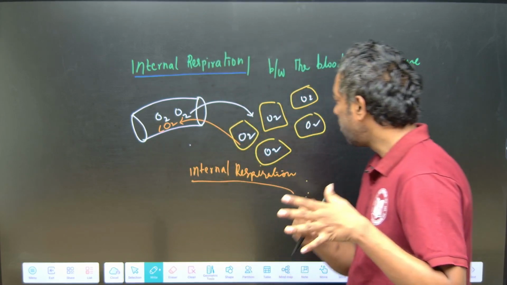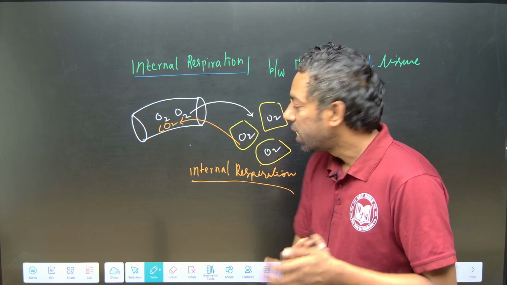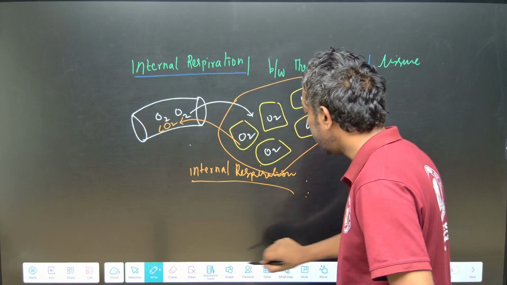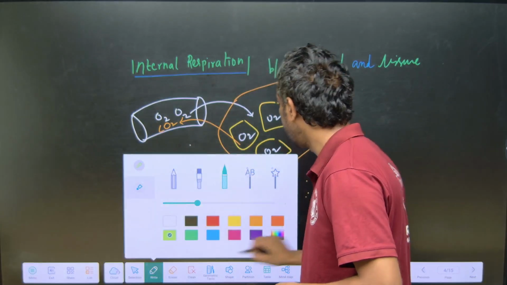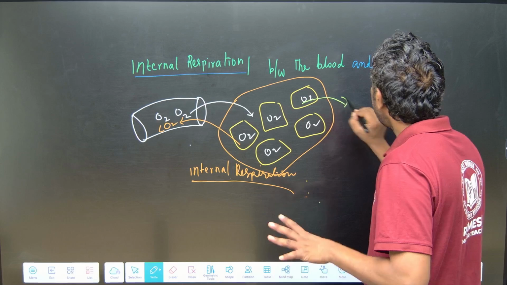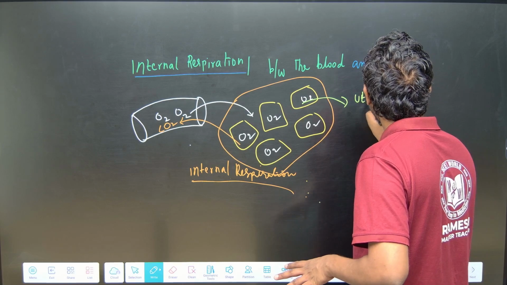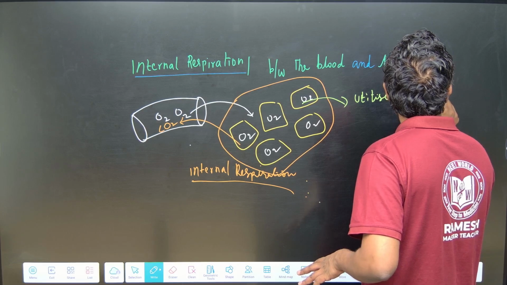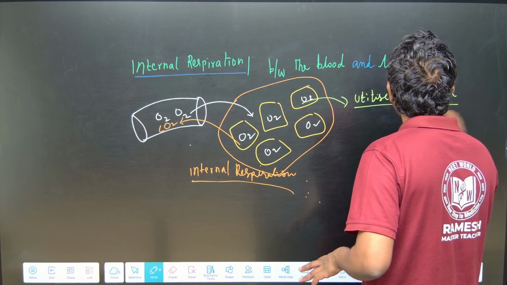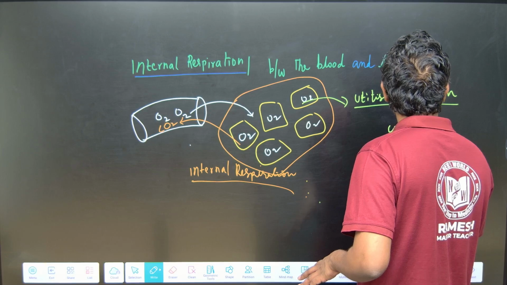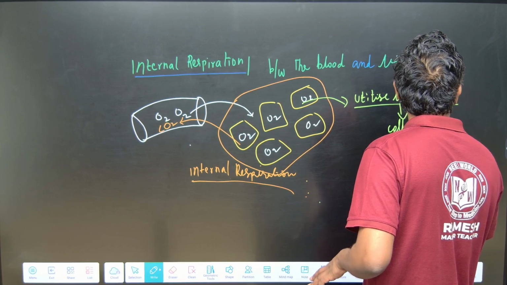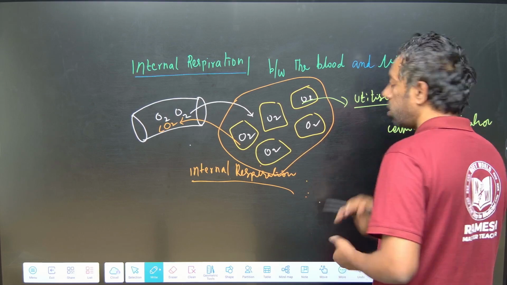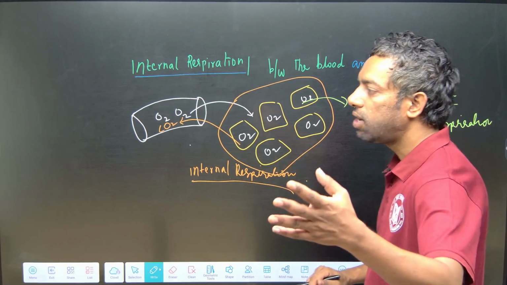What about cellular respiration? If the oxygen reaches this tissue, this is the cell, what is going to happen in this cell? The cell utilizes the oxygen, called cellular respiration.